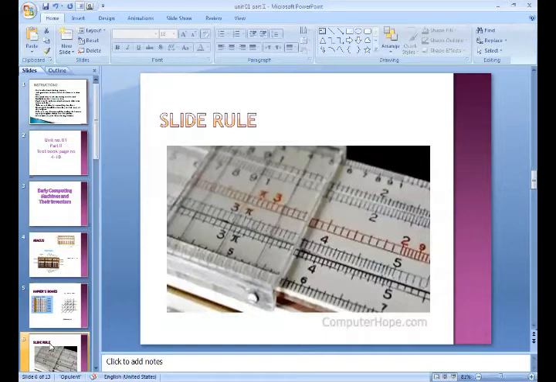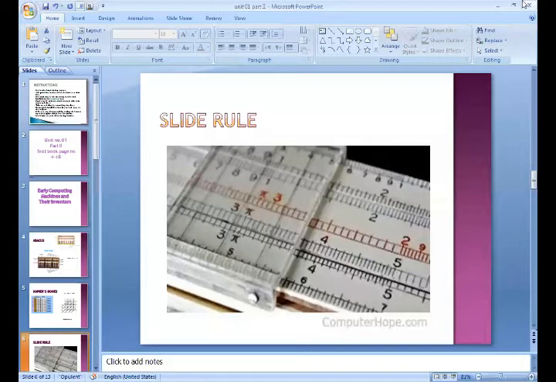Next, the slide rule. The slide rule was invented by William Oughtred in 1622. It is a manual device used for calculating that consists, in its simple form, of a ruler and a movable piece.